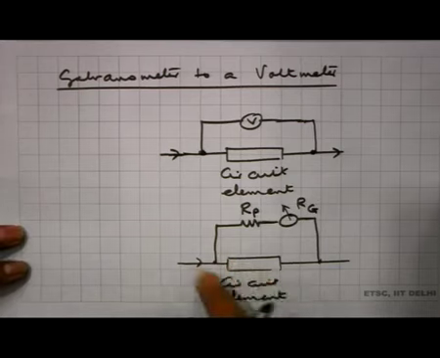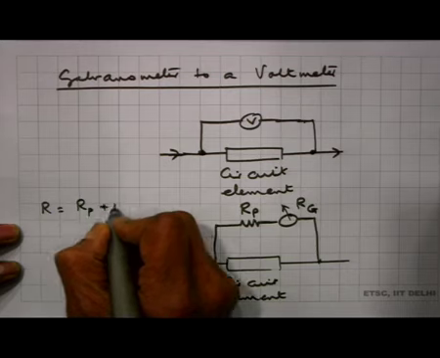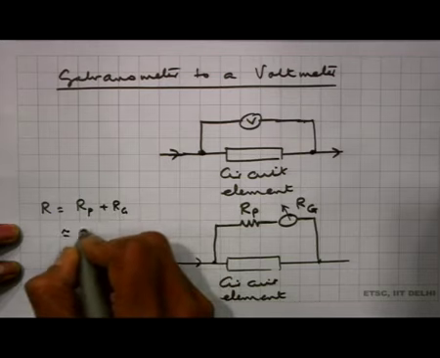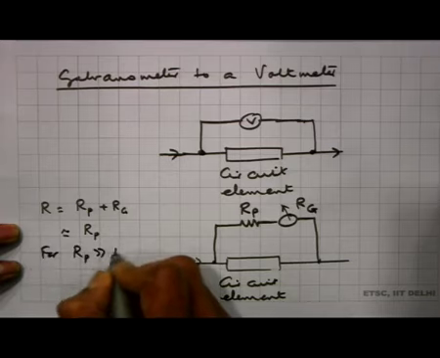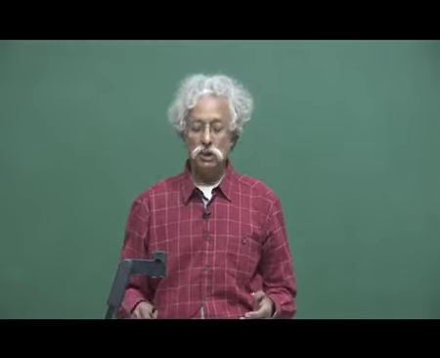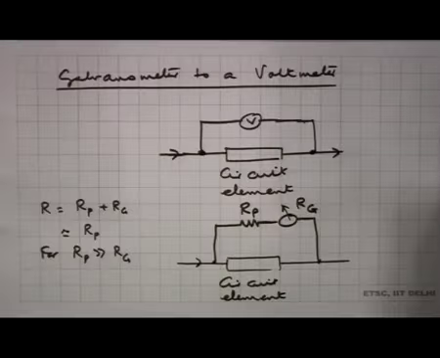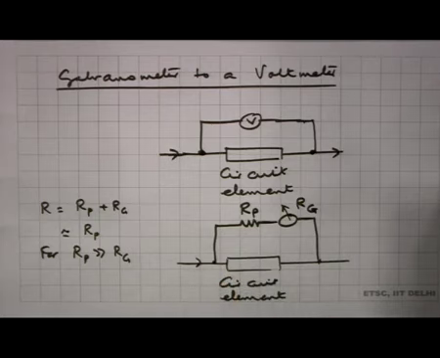So, the total resistance of this part now is R equal to Rp plus Rg, which is approximately Rp for Rp much greater than Rg. So, if I connect a very high resistance in series with the galvanometer, the total resistance of this Rp and Rg combination is very large, and when that is very large, connecting this to the circuit should not much alter the current passing through the circuit.